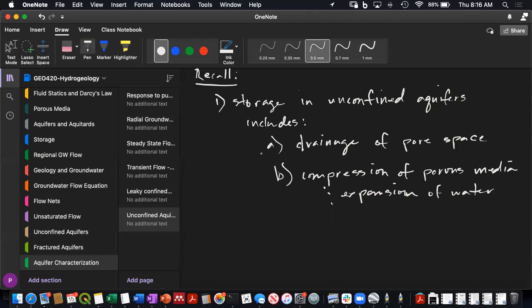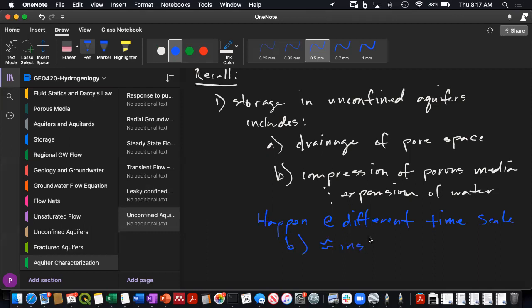So these things happen at different time scales. Process B is almost instantaneous.